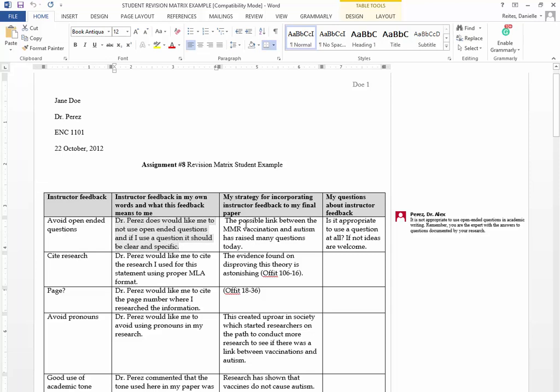And then my strategy for incorporating instructor feedback into my final paper. So they talk about how they would turn that question from their paper into a statement. This is the statement that would eventually be in their paper, instead of how it was phrased originally as a question, like, is there a possible link between MMR vaccinations and autism?